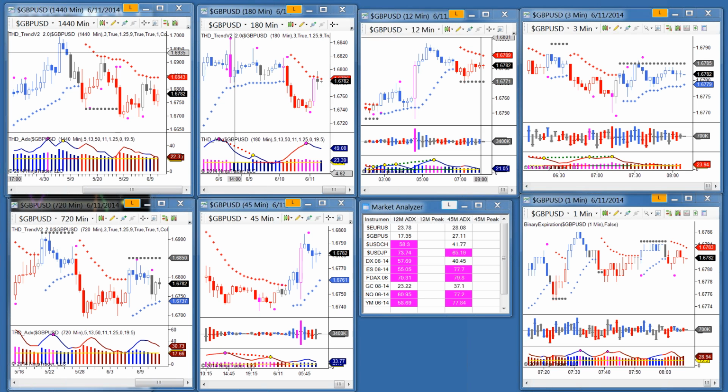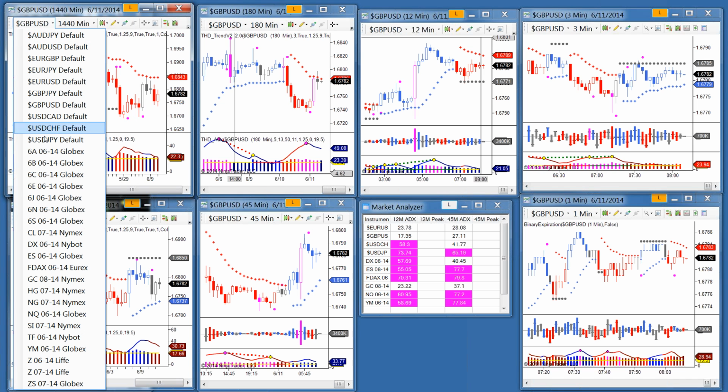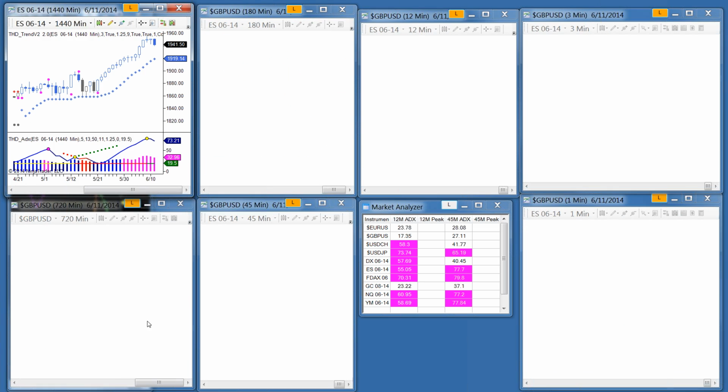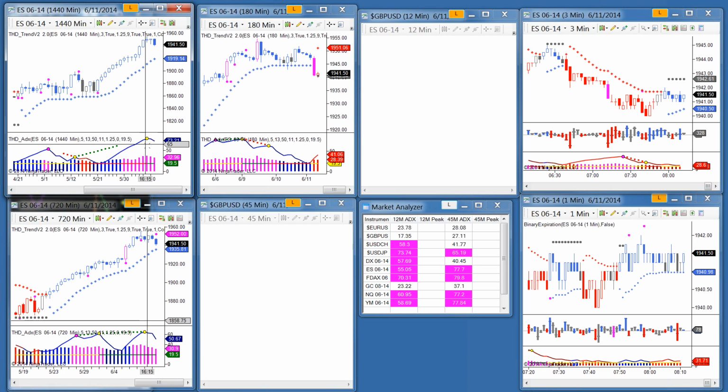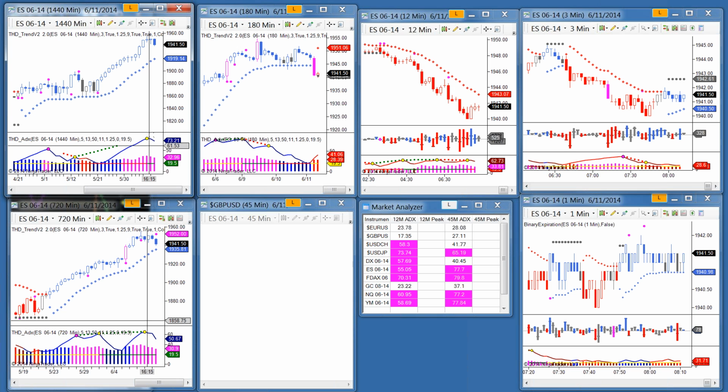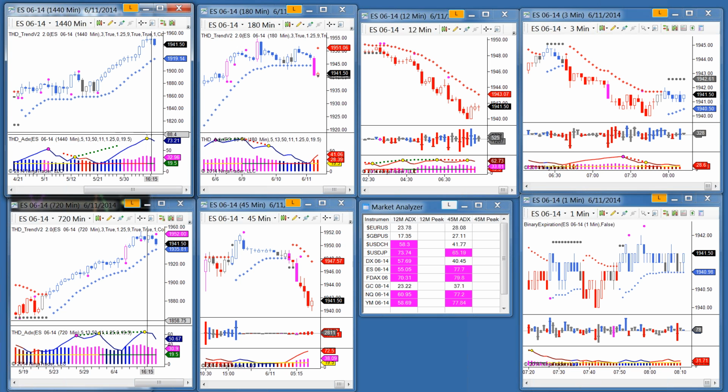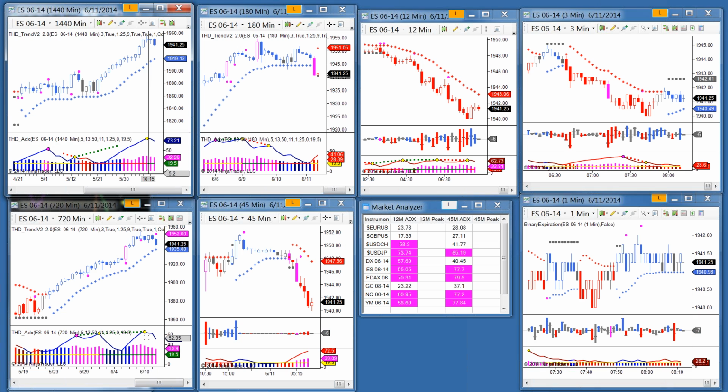Yeah. Okay, now let's go over and let's look at the ES. We are getting the magenta peak, and most of you know that I've been waiting for this magenta peak. I've been writing about it and telling you to watch for this magenta peak. We did get the one overnight on the 720, which has also caused the magenta peak to come in on the 1440 as well.